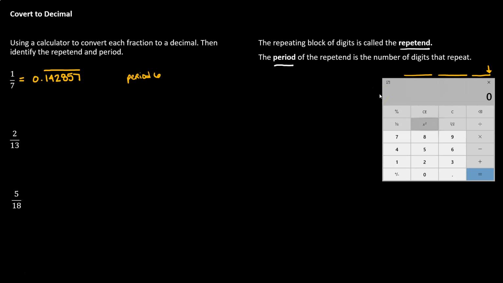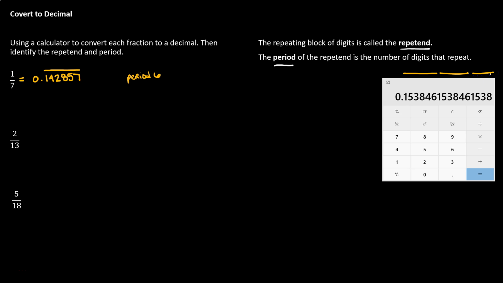Our next one, we have 2 over 13, so 2 divided by 13. Again, we have a lot of digits here, and it almost looks like maybe this is a terminating decimal, especially because our pattern almost breaks down. It doesn't quite continue all of the digits that we think it should. So 1, 5, 3, 8, 4, 6. Again, 1, 5, 3, 8, 4, 6, and then the last four digits, 1, 5, 3, 8.